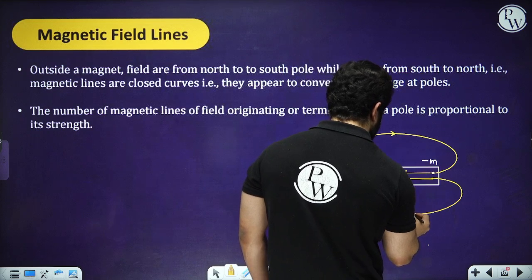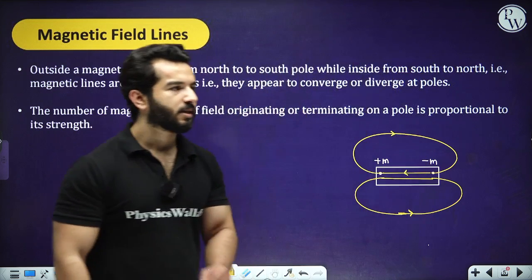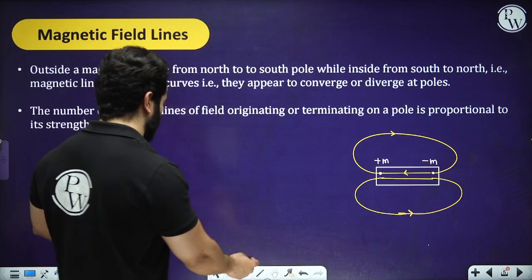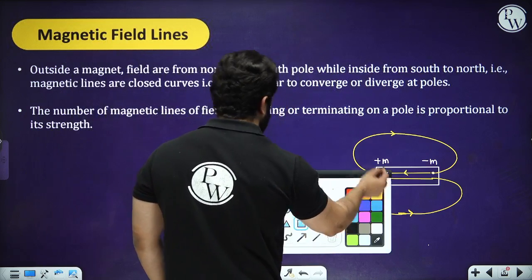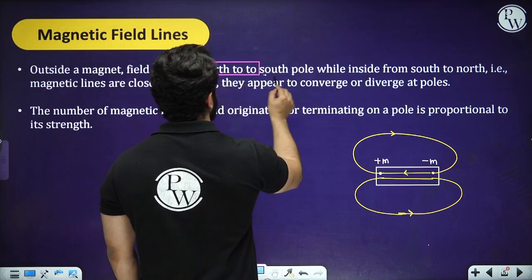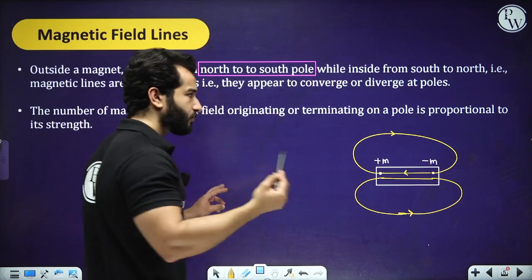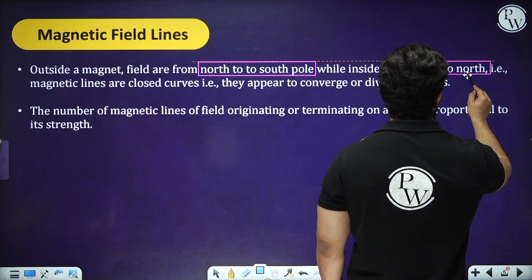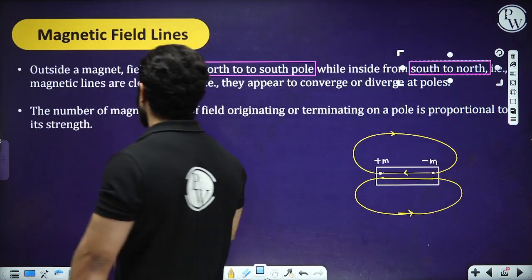So outside the magnet the field is from north to south. Everyone knows this, so this is just a formality, right? Outside the magnet the fields are from north to south pole, while inside the magnet it is from south to north, right? Magnetic field lines are closed curves.